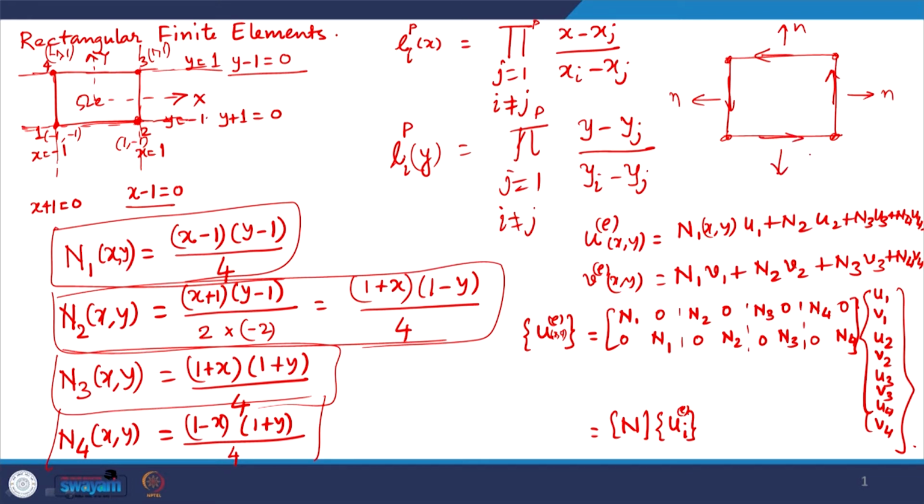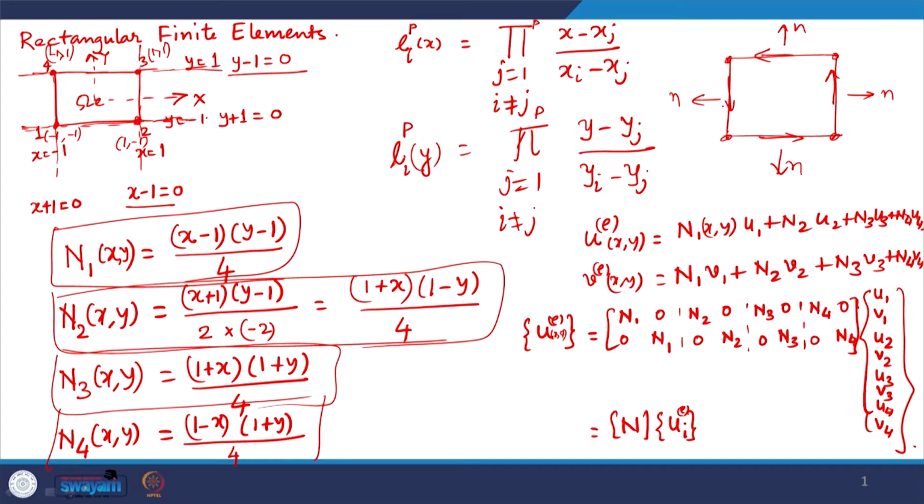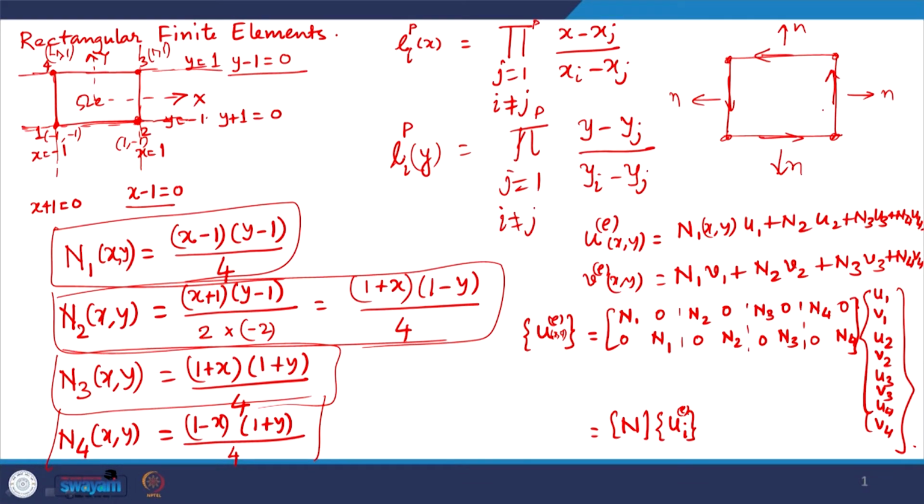and again as discussed in the case of triangular elements, these domain boundary integrals in the boundary term of the weak form need to be evaluated only when the element boundary coincides with the boundary of the problem, because if any of these element boundaries is in the interior of the problem domain, then the outward positive normal, the direction of the fluxes, the secondary variable, they would cancel out by virtue of equilibrium, and these boundary terms need not be evaluated.